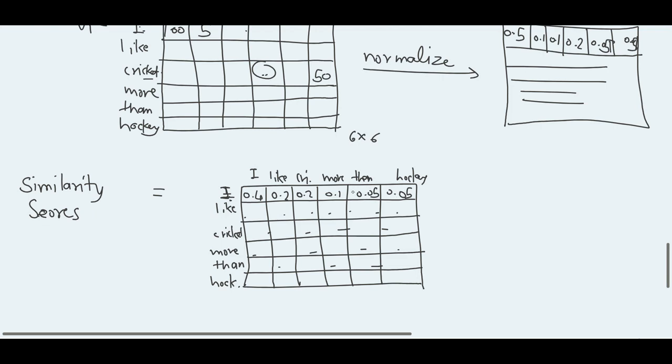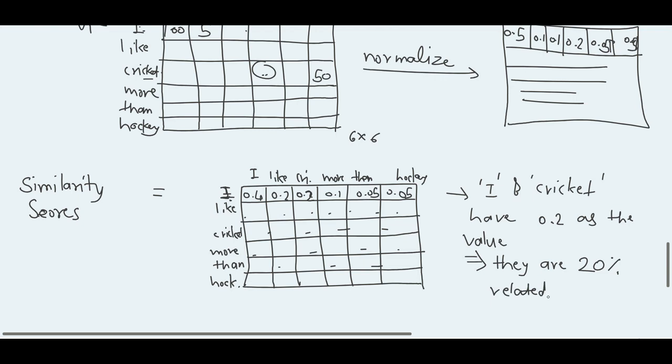Similarly you will have all these weights in the matrix. Understand the significance, or the meaning, of this matrix. These two words have 0.2 as the value, hence you can say that they are 20% related.